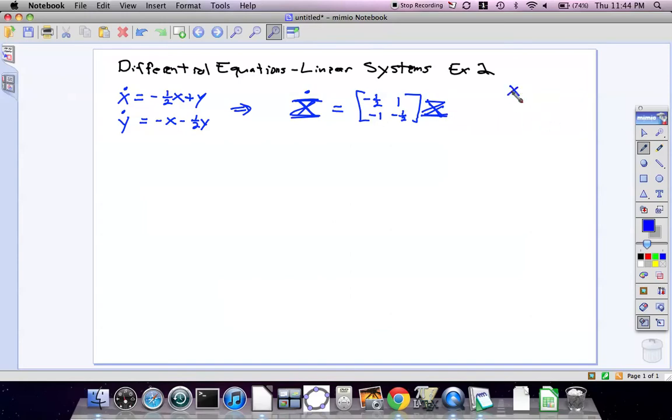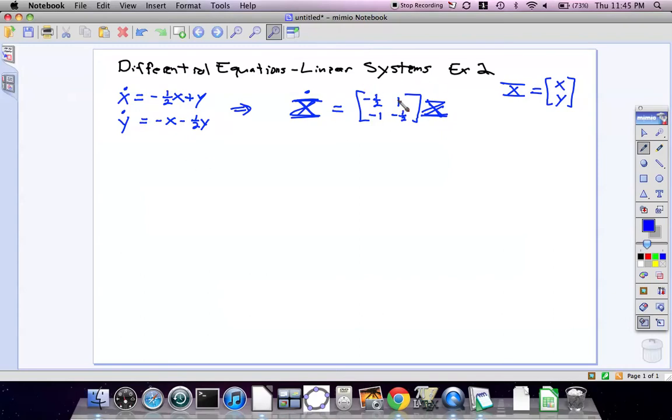So what I mean again by the vector X is a component x of t and y of t, these functions that I'm trying to find. So then capital X vector dot would be again the derivatives of these right here.